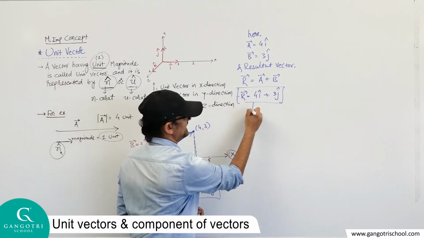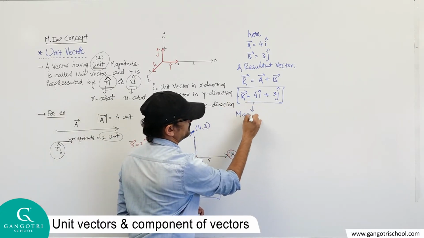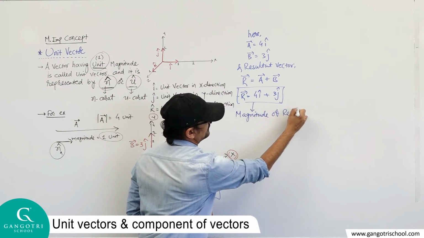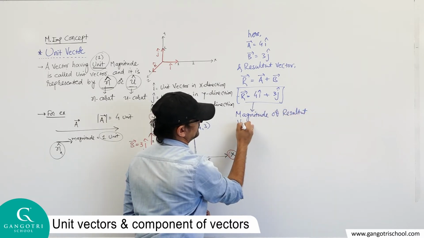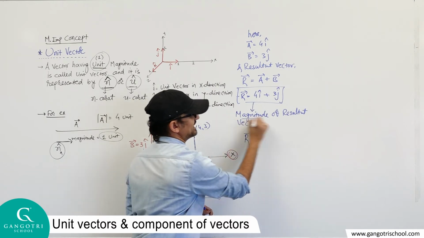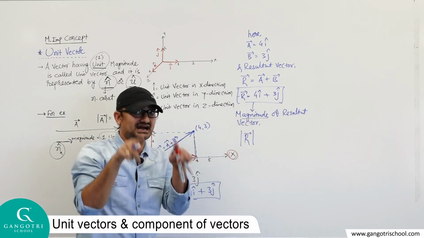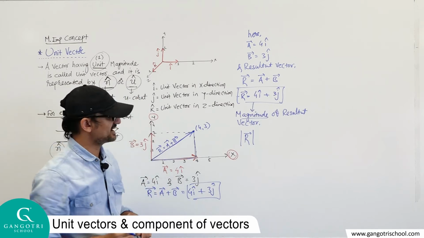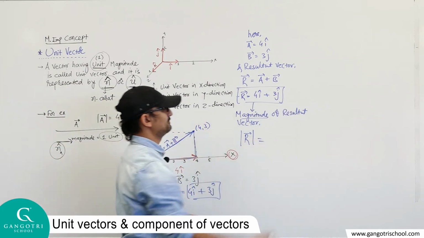How to find the magnitude of the resultant vector R? Remember, the magnitude is denoted by mod. If you put vertical bars, mod, it represents the magnitude. How to find the magnitude?